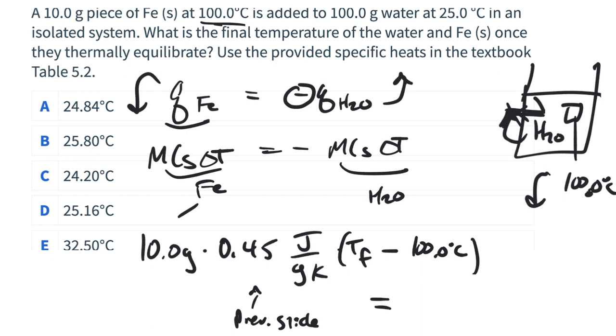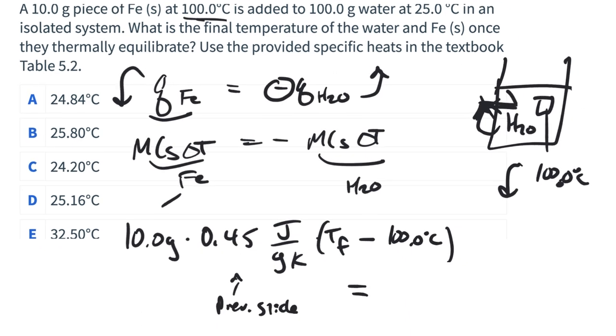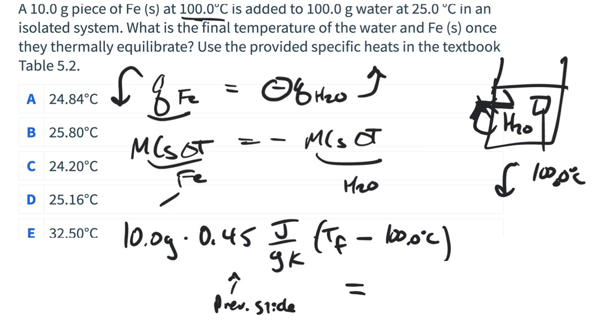And that's going to equal, plugging this in for water, keeping our minus sign here. And again, we're not putting the minus in front of water because the heat change of water is negative. Actually, water is increasing heat, but that is just the opposite of the sign of the heat change of iron. So minus 100.0 grams.